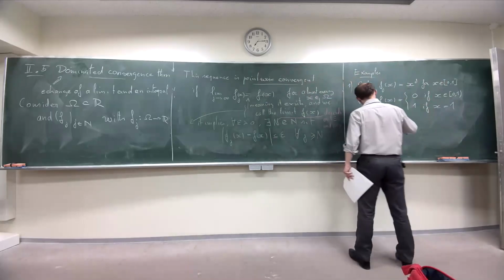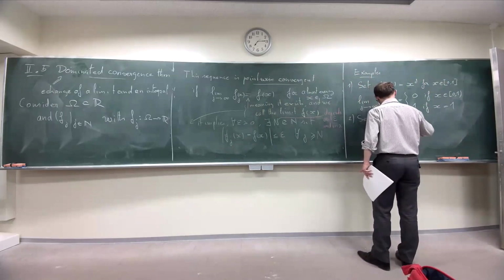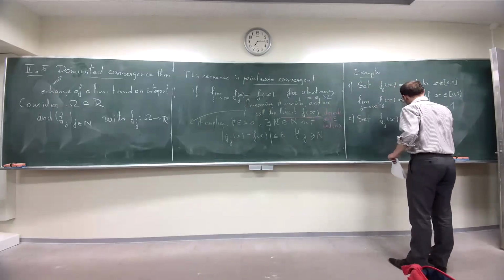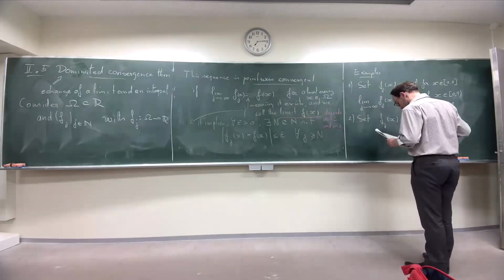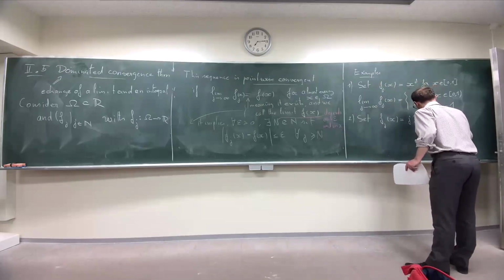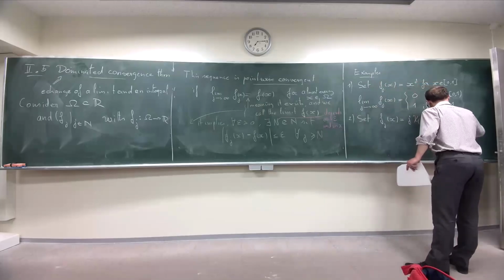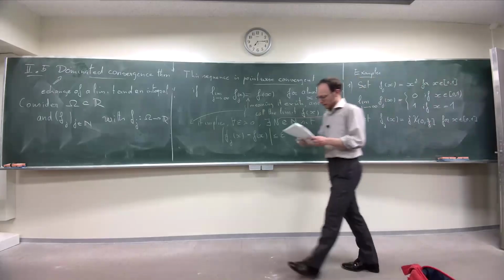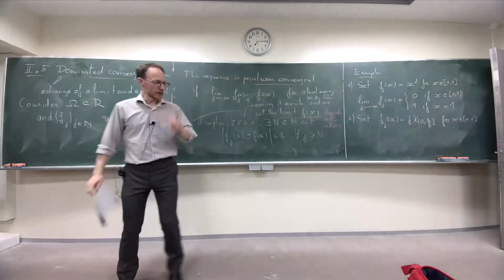Another example, set f_j(x) is j, again on (0,1), and I consider this function. Think about this function.